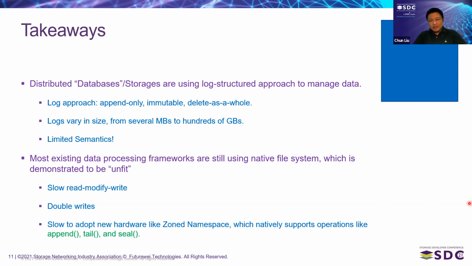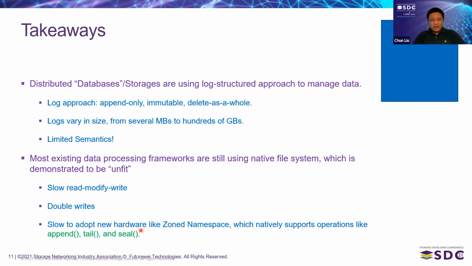Most existing data processing frameworks are still using native file systems, which have been demonstrated to be unfit. The reasons are that a native file system is slow in read, modify, write. There is a double writes issue when you use a write-ahead log on top of a journaling file system.